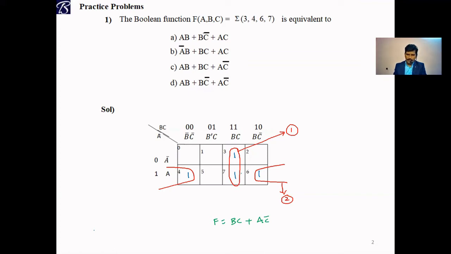So we need to consider this redundant term also. The third redundant term is A, and here the common term is B, so AB. So BC plus AC bar plus AB. Option C is correct.